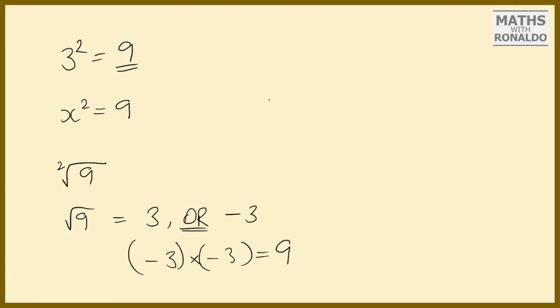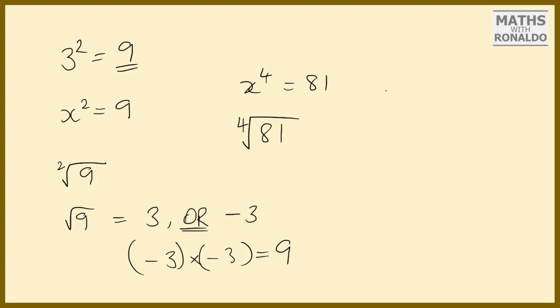Now, generally speaking, we can apply the root using any power, so any index. So if we have x to the 4 equals 81 and we want to find x, well, you can just do the 4th root of 81.